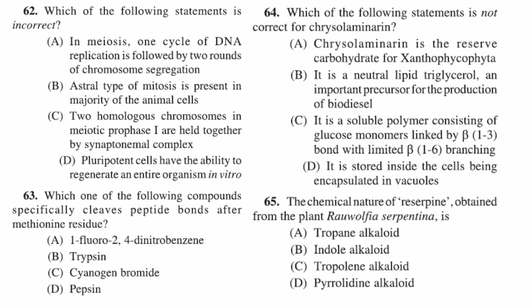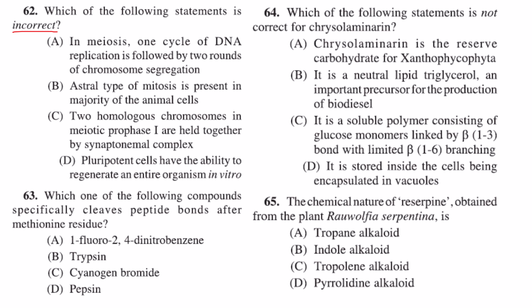Then which of the following statements is incorrect? Again, incorrect statement. In meiosis, one cycle of DNA replication is followed by 2 rounds of chromosome segregation. That is correct, and it is known as meiosis 1 and meiosis 2. So, one cycle of DNA replication, 2 rounds of chromosome segregation, meiosis 1, meiosis 2.